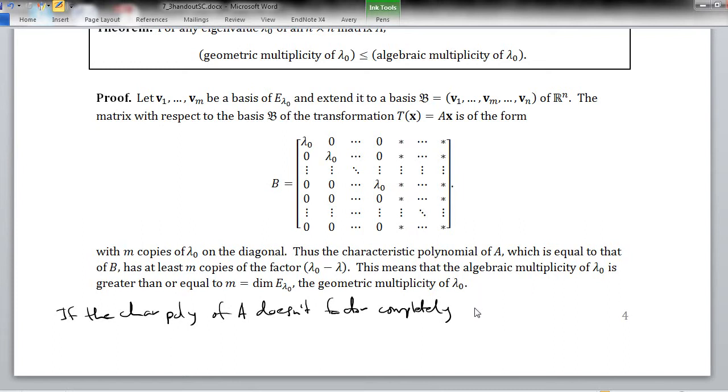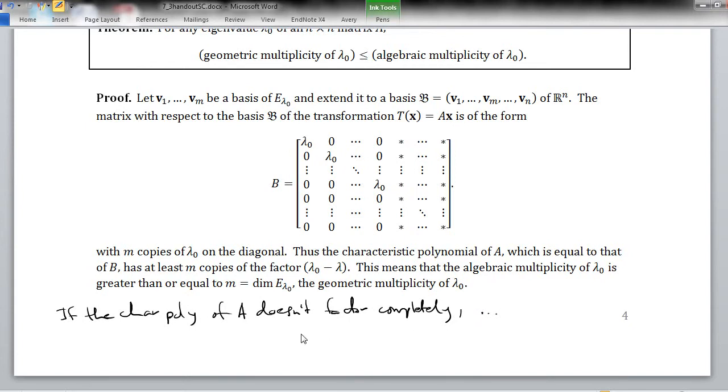I'm talking about over the real numbers. Then, is it possible for A to be diagonalizable? Maybe pause the video and think about that for a moment. Okay, if the characteristic polynomial of A does not factor completely, could A still be diagonalizable? And the answer is no.